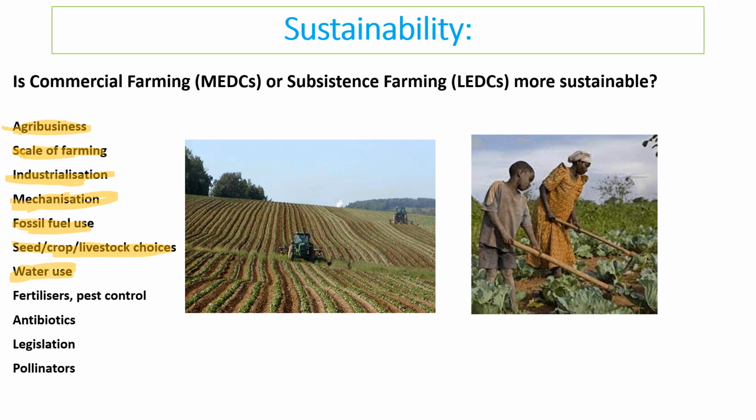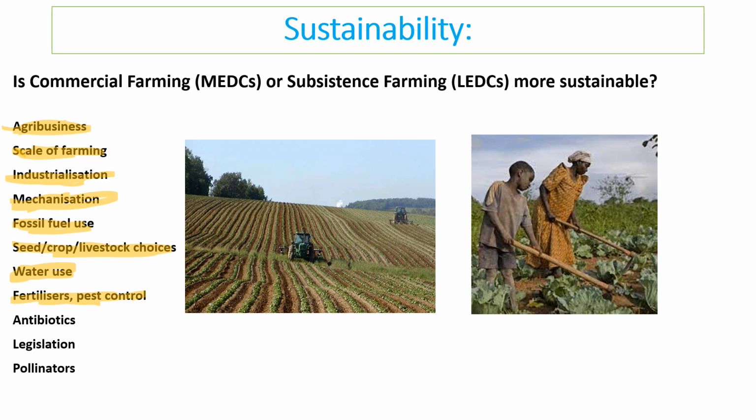Water use: in some areas agriculture is extremely water-heavy, and that means they have to use local water supplies, which can cause problems of water shortage. But subsistence farming can also use water, and if a large number of people are doing it, it can still be unsustainable. Fertilizers and pest control: high amounts of fertilizer and pesticides are used in commercial farming.